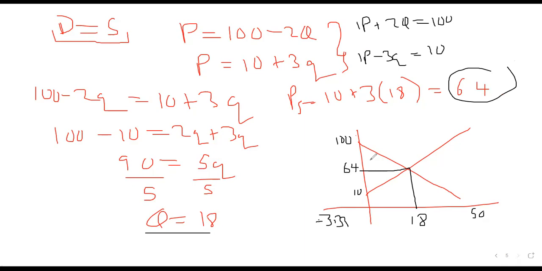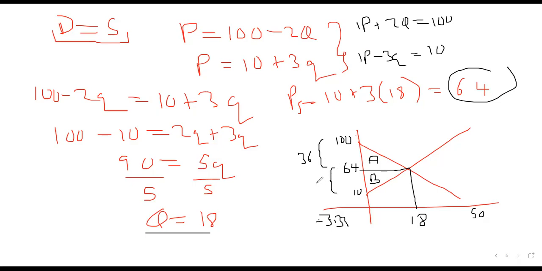So which of these triangles is consumer surplus and which one is producer surplus? A and B. So A is a consumer surplus. B is a producer surplus. So what are the parameters for A? The distance from here to here is what? 86.